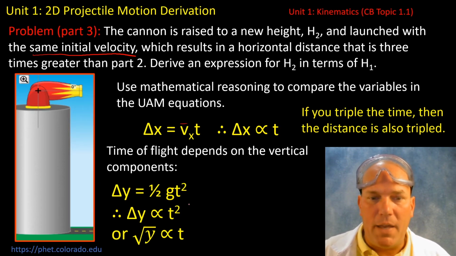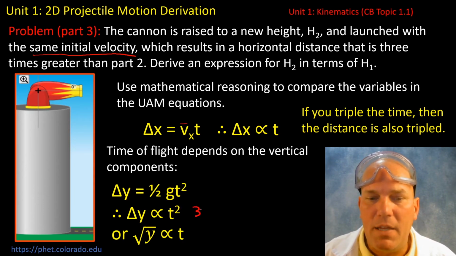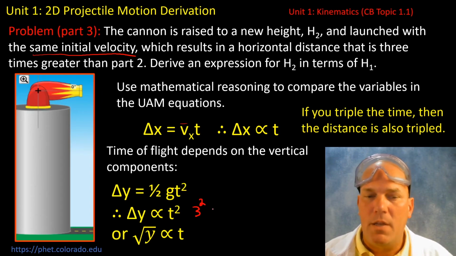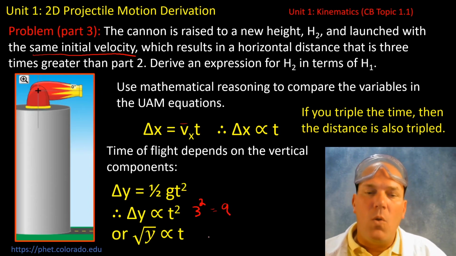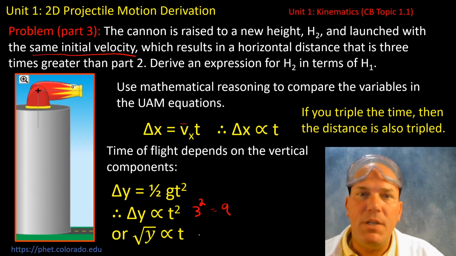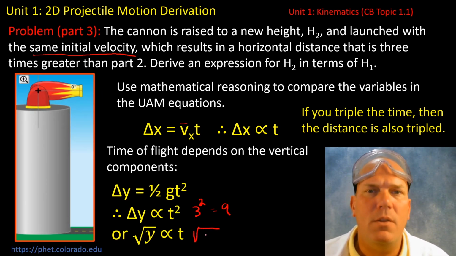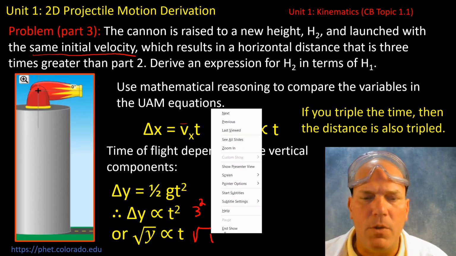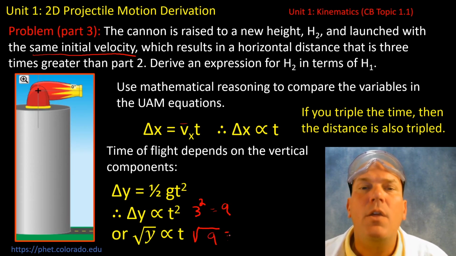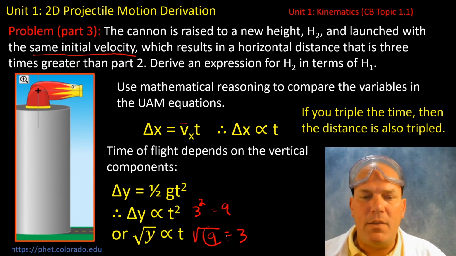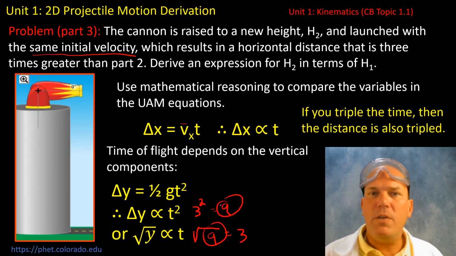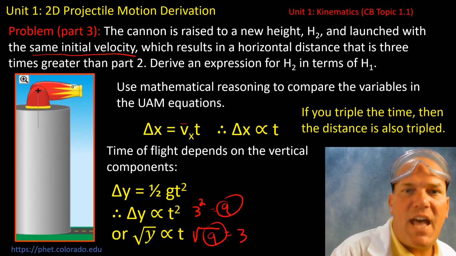And we've gone through that. So I am simply going to look at time in this proportionality, and I'm going to square it. And that gives me 9. Or I can come to this one here, whichever one's more intuitive, and I could say, what number do I put under the radical that when I take the square root will equal 3? And that answer is 9. Whichever way you look at it, the answer is 9.